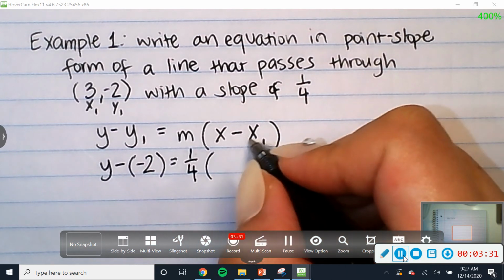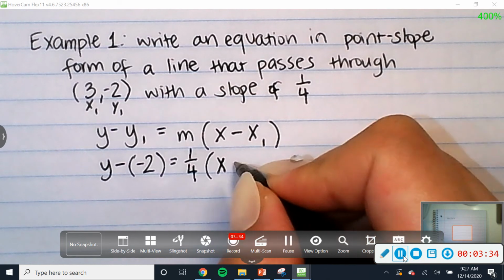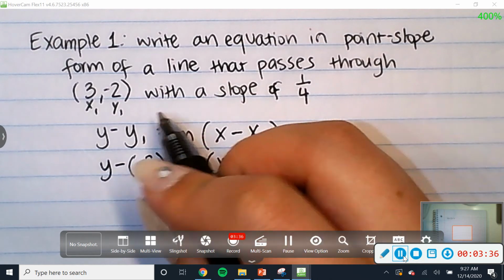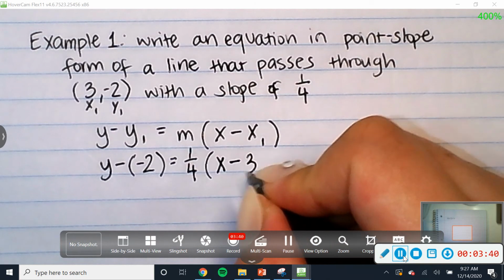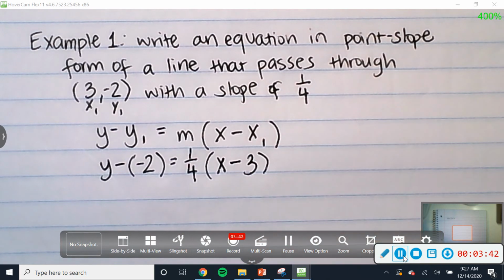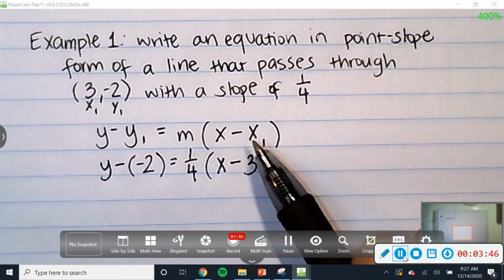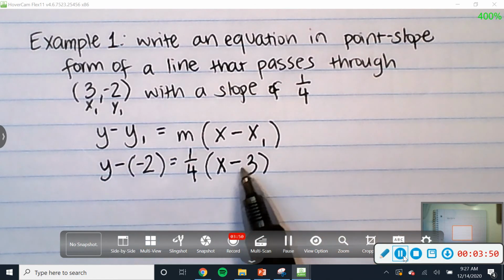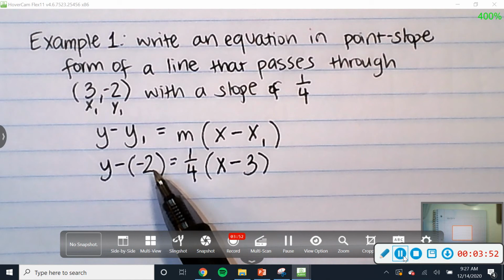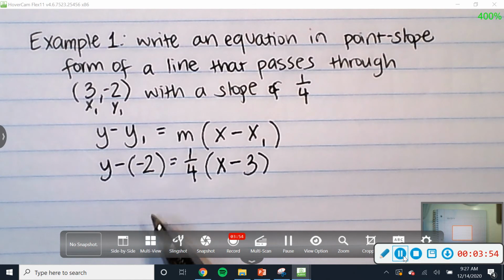And then our x minus x1. x1 was 3 over here. So I'm going to plug in 3. The thing to just be careful about is that this form does have a lot of subtraction signs in it. So just make sure that when you're plugging your numbers in, you're really careful about that. And if you have negative numbers, always use baby parentheses like this.